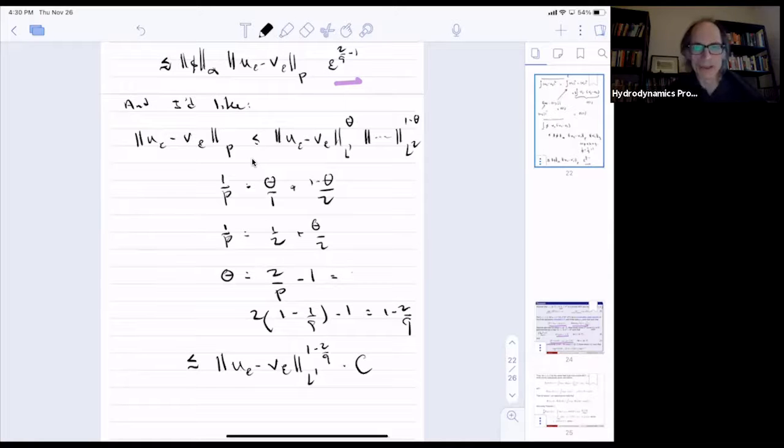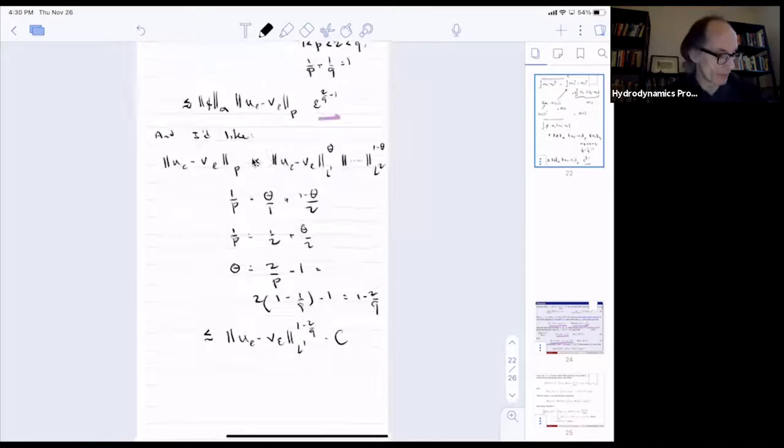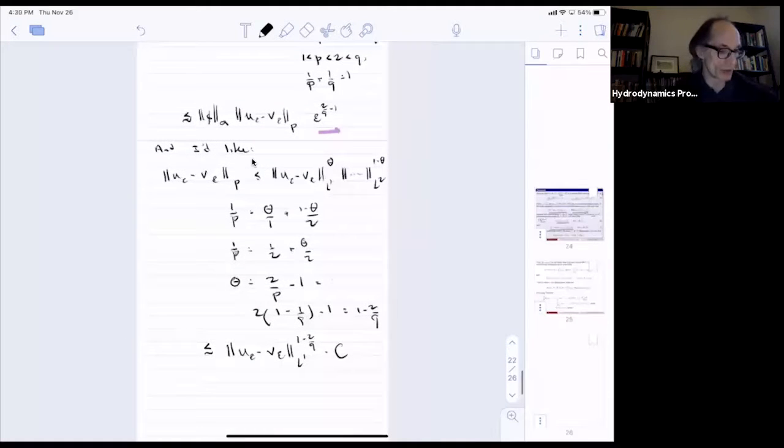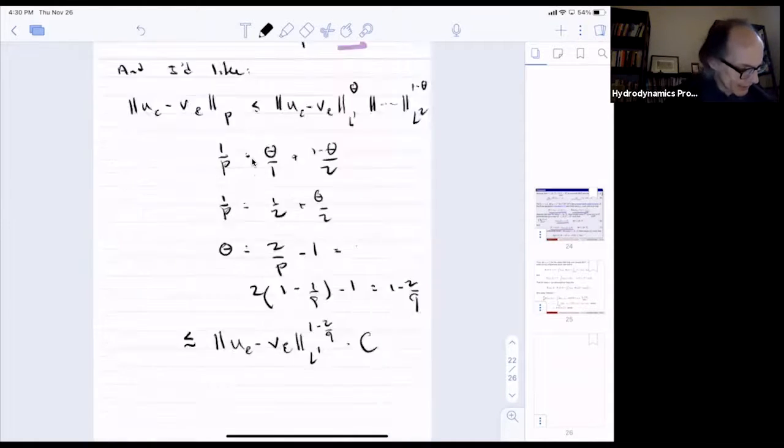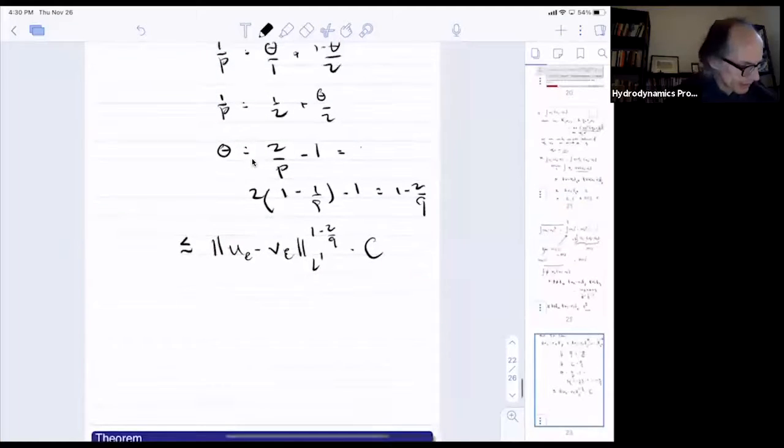Okay, and so if this L1 norm were of order epsilon, I would be in business. Then I would have an epsilon to the 1 minus 2 over q times epsilon to the 2 over q minus 1. The decay from the L p term would exactly balance the blowing up part from the L q norm of v epsilon, and the whole right-hand side would be order 1. And remember, that's all I need. So I'd like that.